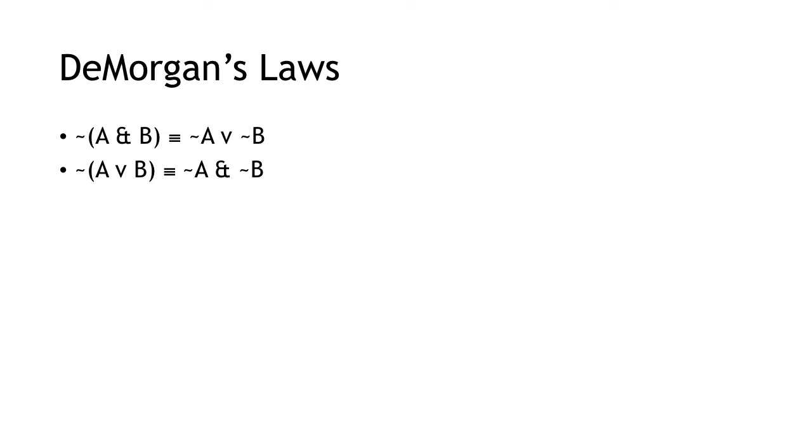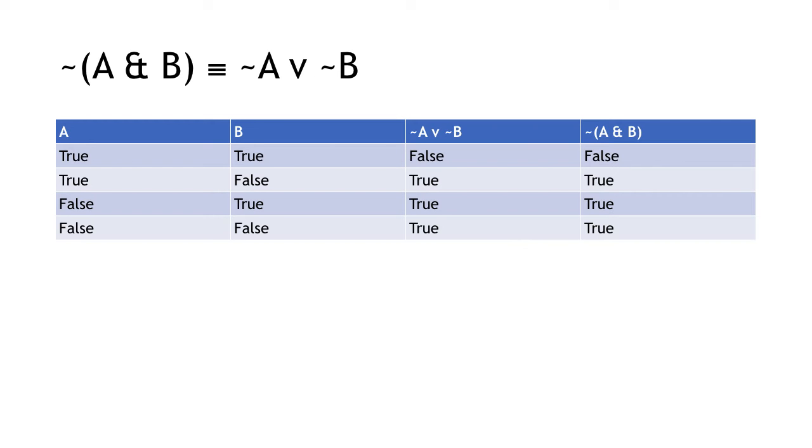We've touched on this a few times already, so hopefully this shouldn't be too new to y'all, right? Again, to go through the truth tables, not (A and B) is logically equivalent to not A or not B, right? We know that A and B aren't both true. That's the same as saying either A is false or B is false, right? Look at the truth table. Again, this will prove the logical equivalence.